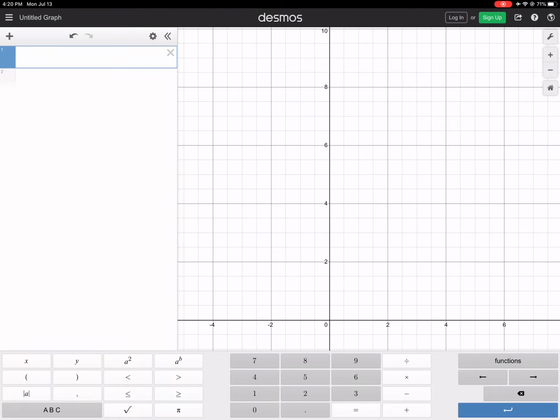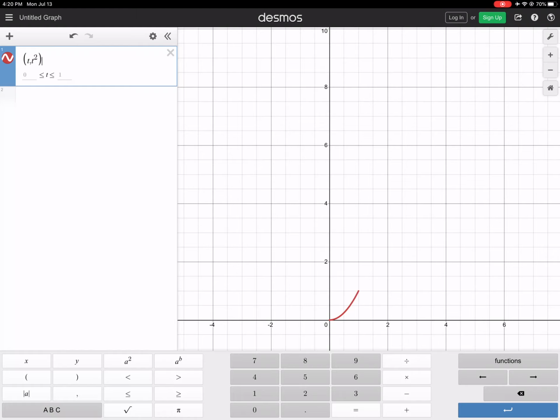Okay, now let's play some more games with the parametric equations. I'm going to type the parentheses, and I'm going to put t, and remember, before I go any further, I'm making t go from 0 to 1. You'll see that as soon as I finish the parentheses. And then I'm going to hit t squared.